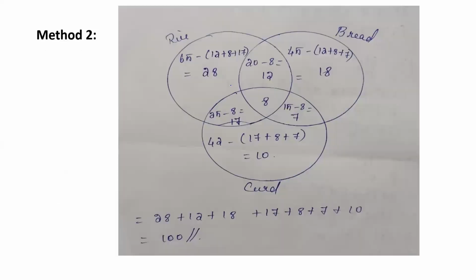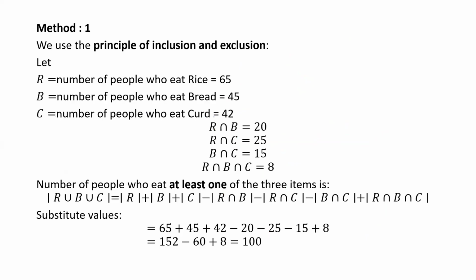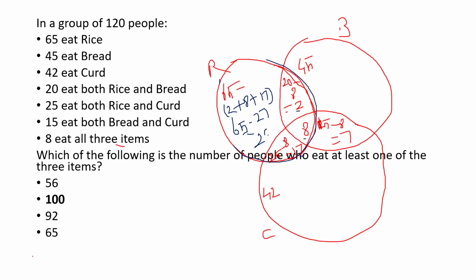I have written everything here. See here, 28. Okay, so here 45 minus 2 plus 8 plus this 7, that is 45 minus 17. So what is the value? 45 minus 17 is actually 28.